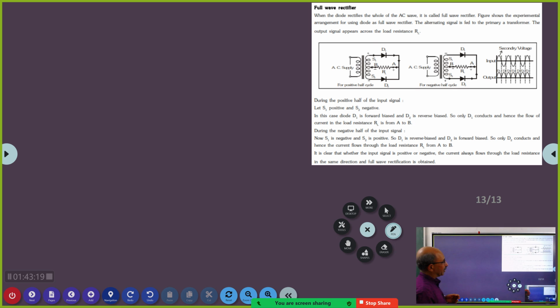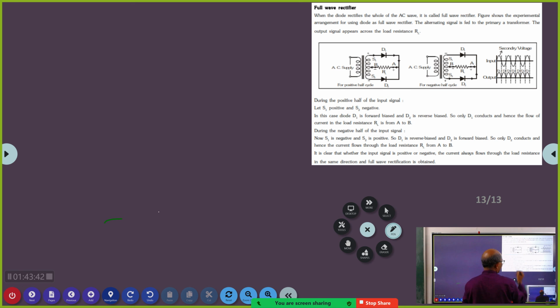In full wave rectification, this is another configuration of this. I hope you know about this configuration. What is this configuration called? Any guess?